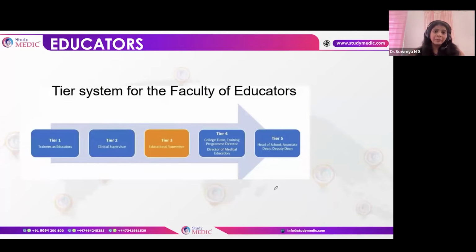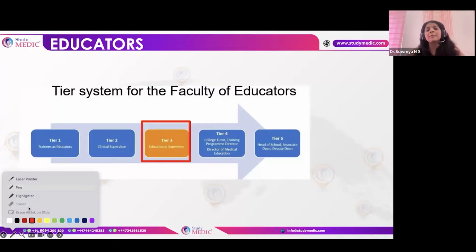So who will be the educators throughout the training system? This is something which, for overseas candidates, could be a little challenging because we haven't gone through this process. There are different types of educators, but the most important person for us is an educational supervisor. The educational supervisor is somebody who will be guiding the trainee attached to them from the beginning till the end.